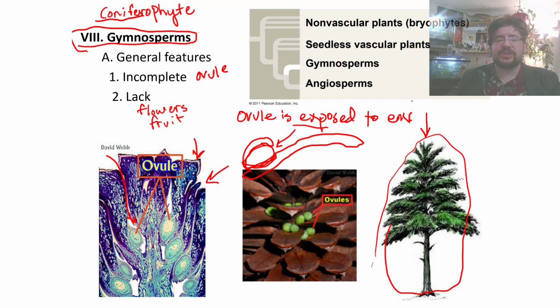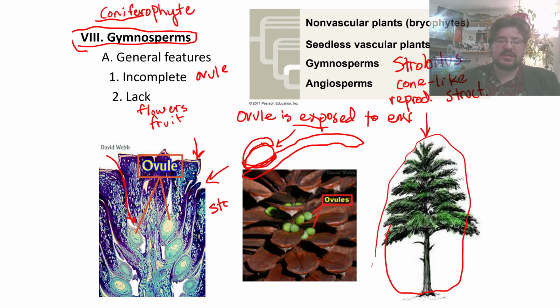And another feature of gymnosperms not listed here is the strobolus. So a strobolus is essentially a cone-like reproductive structure. All gymnosperms reproduce with a strobolus, right? The pine cone. So they come in two flavors.